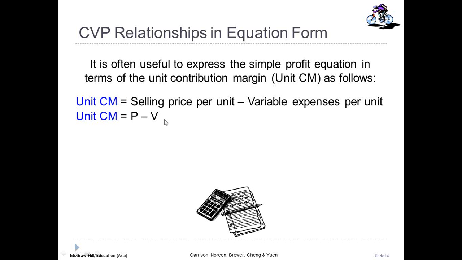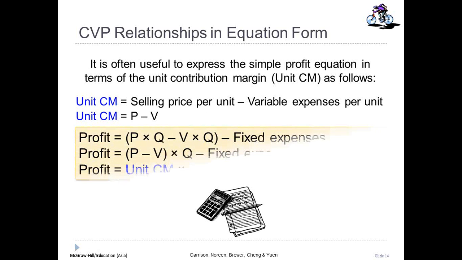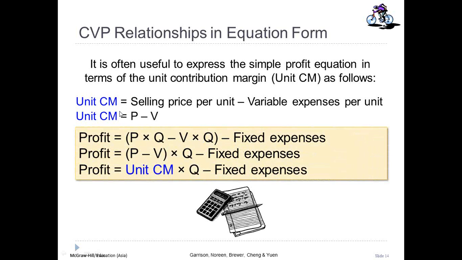So the unit contribution margin will be price minus variable expense. So here we see price per unit times quantity, the variable expense per unit times quantity, minus fixed expenses.